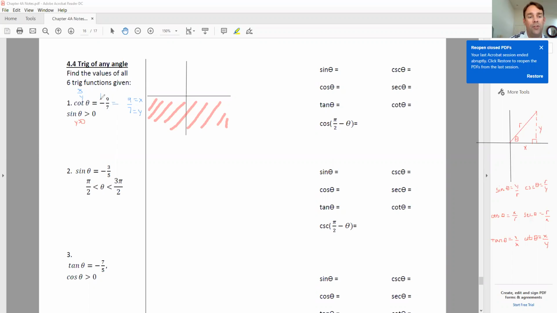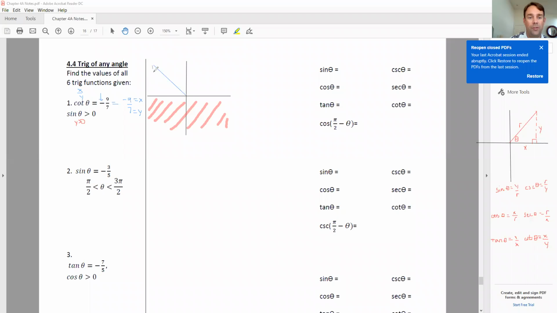Now realize that it's negative, but since y is positive, that means the negative had to go with the 9. So we're going to graph this angle in the correct quadrant. So x is negative, y is positive. That's going to put it in quadrant 2. So it'd be right about there.